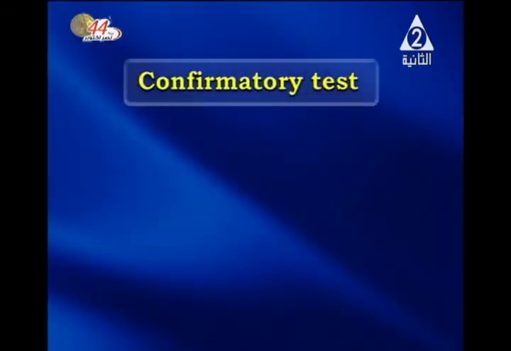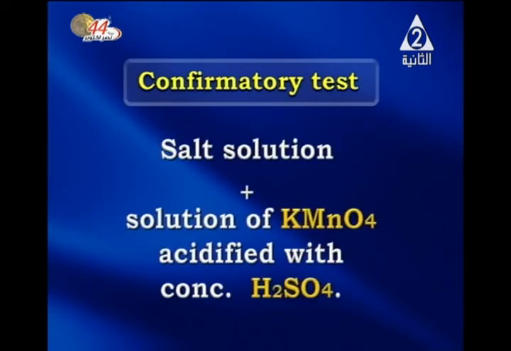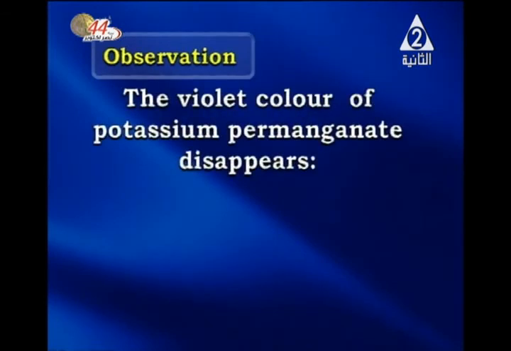Now we are going to discuss the confirmatory test. The salt solution plus potassium permanganate solution acidified with sulfuric acid. The observation here is that the violet color of potassium permanganate disappears.